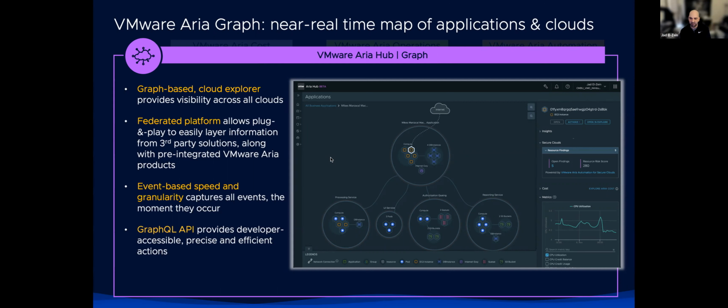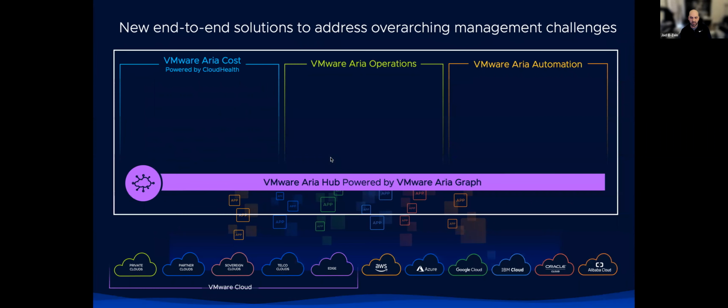And we're collecting that centrally and visualizing it in a way that is consistent, regardless of the cloud provider, regardless of the source. And we're essentially filling in a lot of gaps by being able to bring all of these things together. And the only way we can do this is by federating the data.